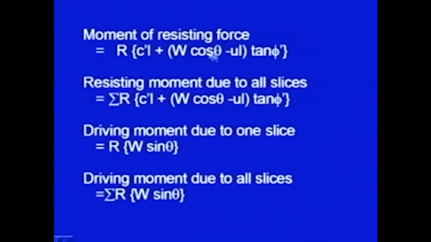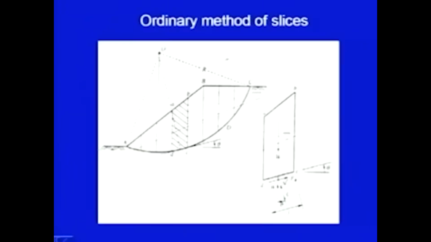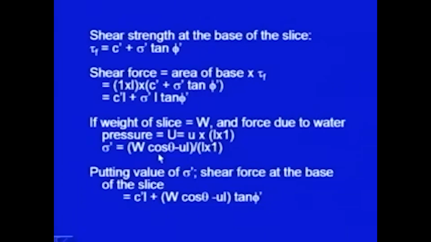And we have to remember that theta will be positive in some cases and negative in others. Here in this case, if you look at the slices on this side, theta will be taken as positive, whereas when you go to this side, theta will be negative.